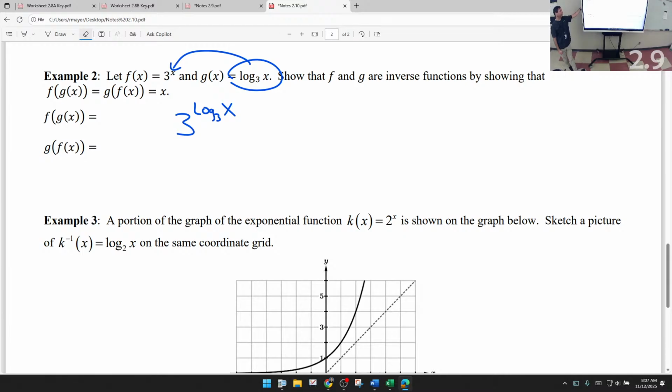Because some knucklehead's just going to cancel the 3 and the log base 3, and they're going to leave x. And that's officially not right. I mean, it is right, but it's not right.